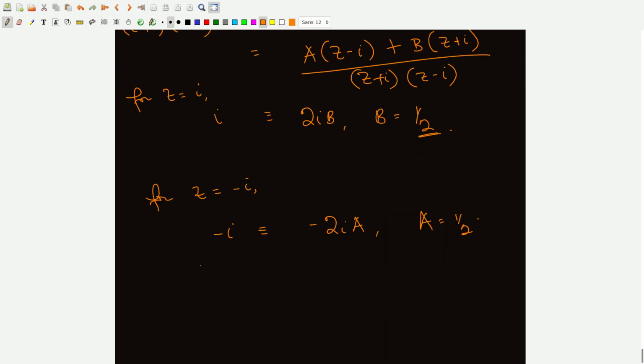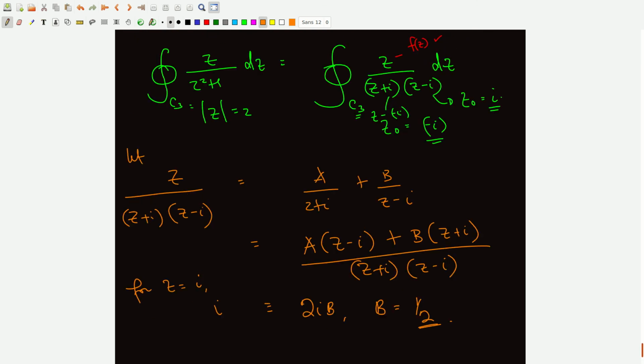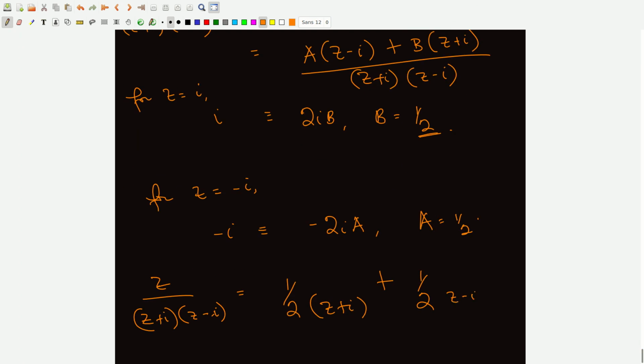Therefore z over (z plus I)(z minus I) is 1/2 over z plus I, plus 1/2 over z minus I.